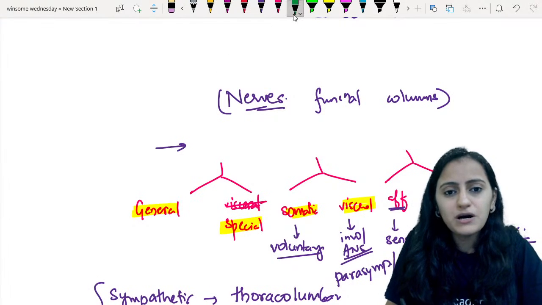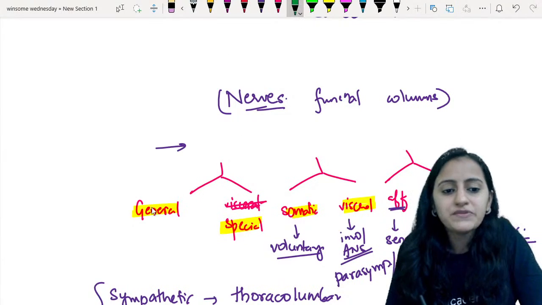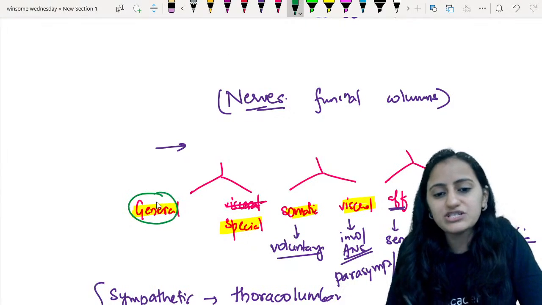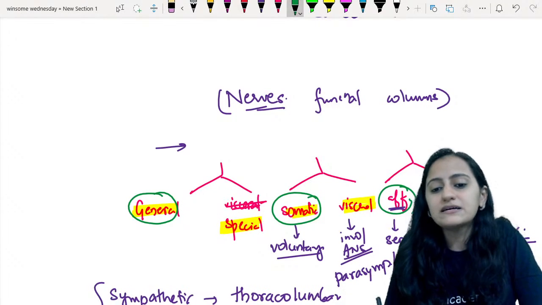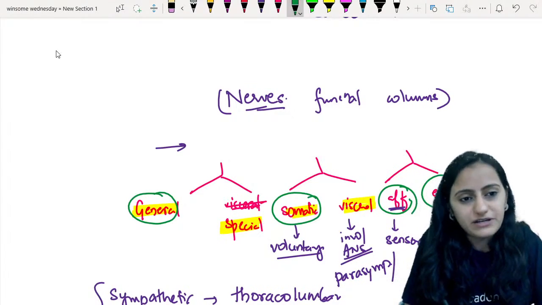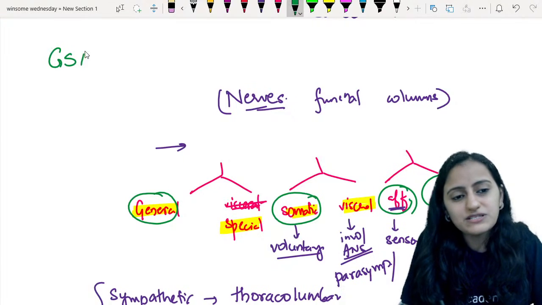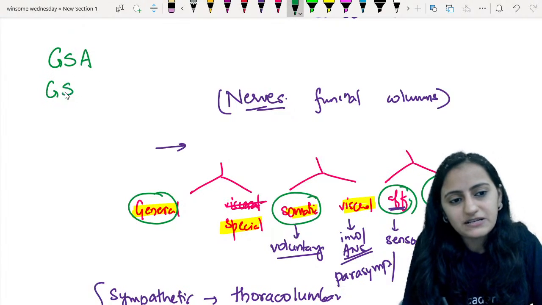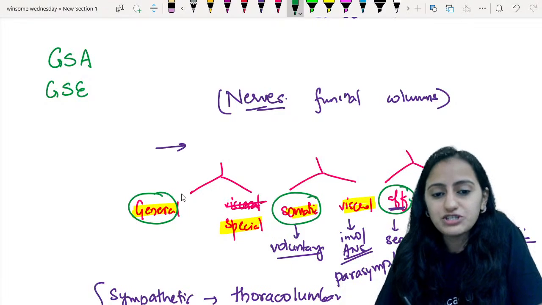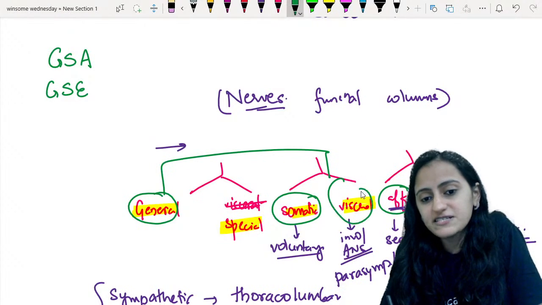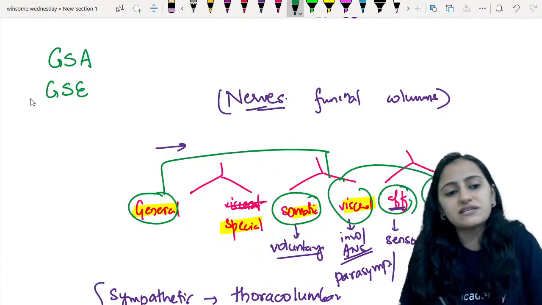If you do the permutations and combinations, you can have columns which are general somatic afferent and general somatic efferent. You can have a column which is general visceral afferent and general visceral efferent.